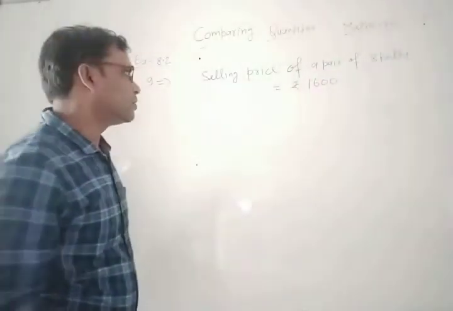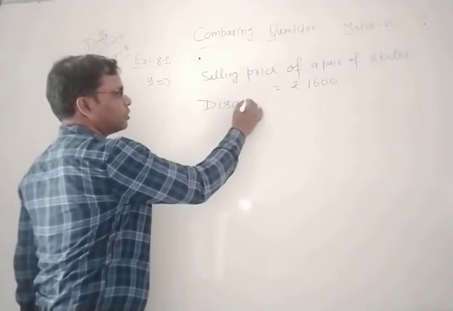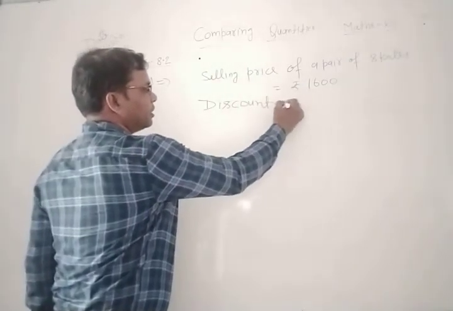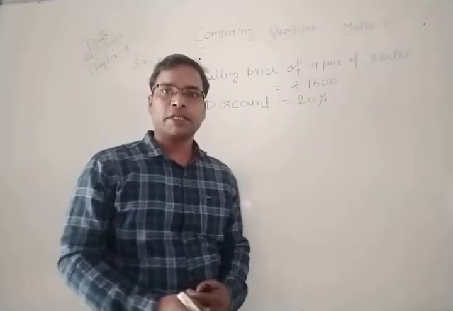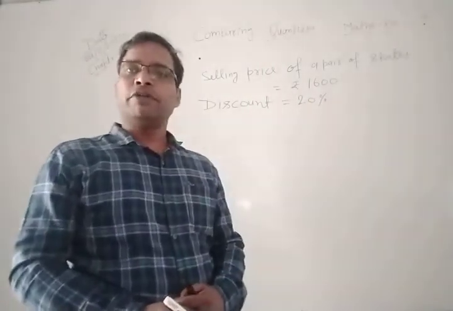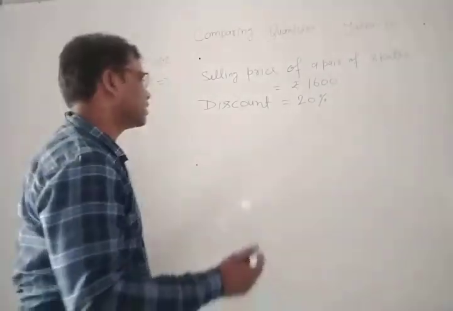A discount is also given here. What is the discount percentage? The discount percentage is given here as 20%. Clear? We need to find the marked price. Okay, so let the marked price be x.